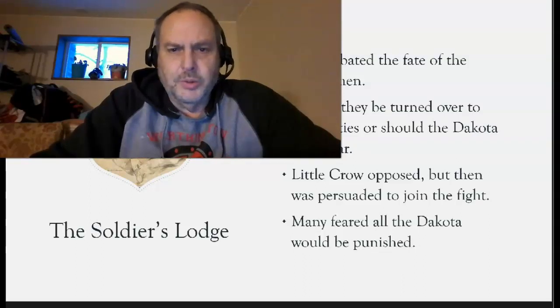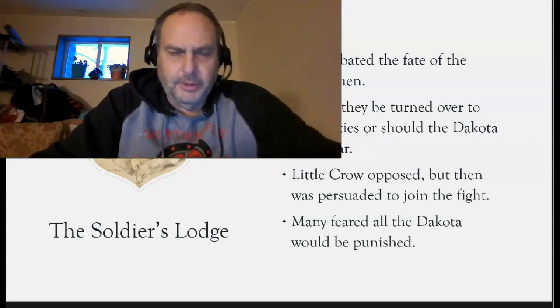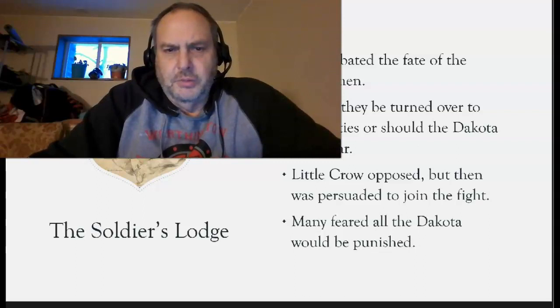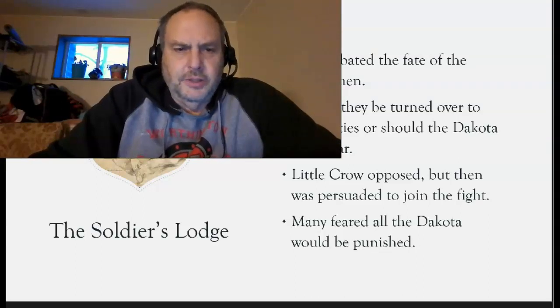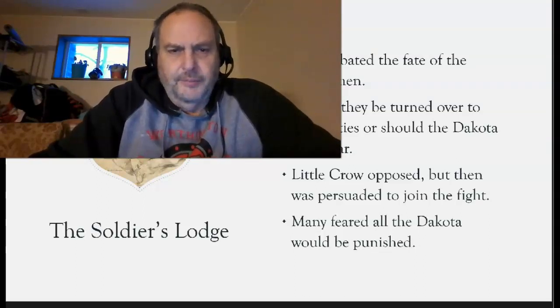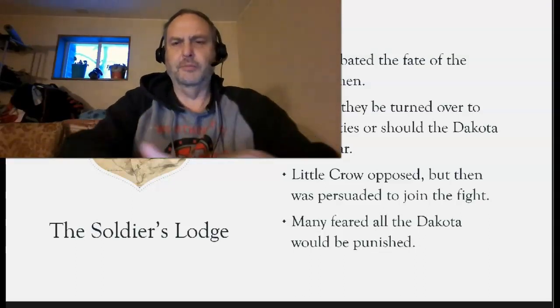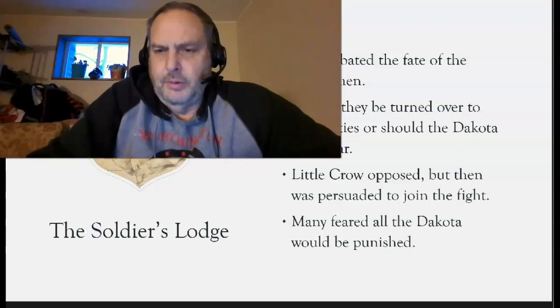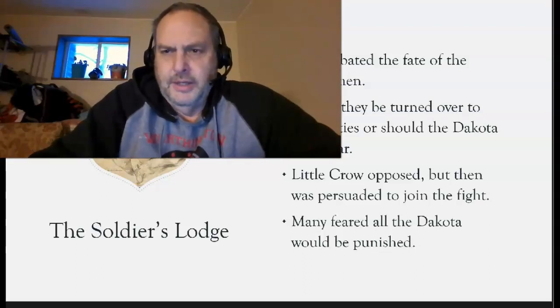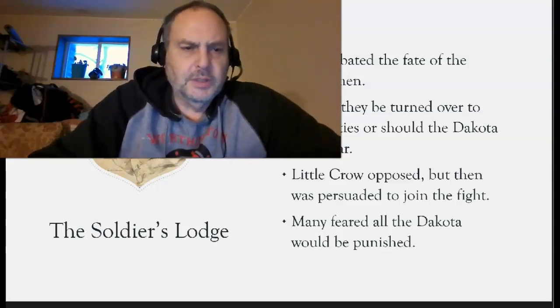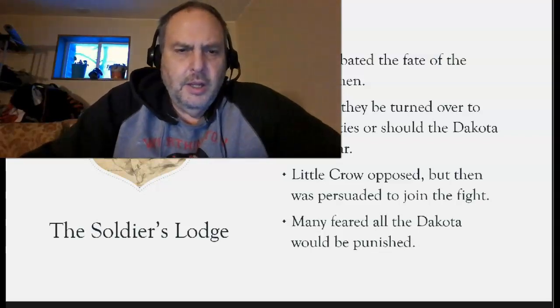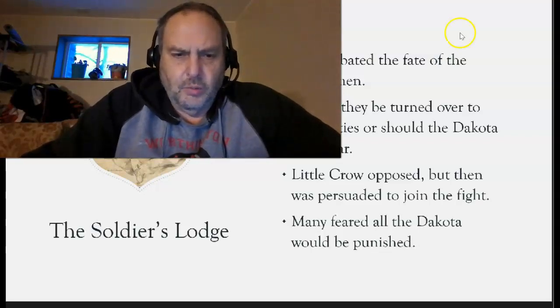So that's shooting their bows and arrows, that's riding and being able to shoot, that's being proficient with their firearms, that's knowing the tactics that they would use in battle. So these young men were also advocates, and by advocate I mean they were the men who were saying that it's time for us to go to war. So soldiers' lodges were one of the causes of the U.S.-Dakota War.